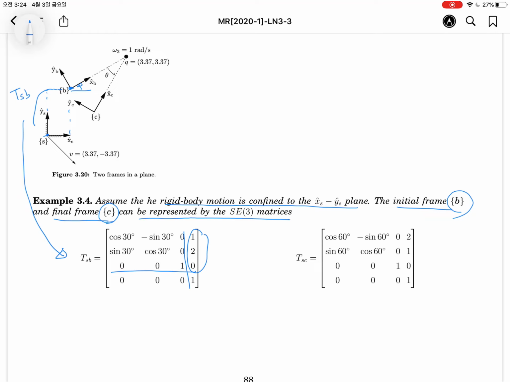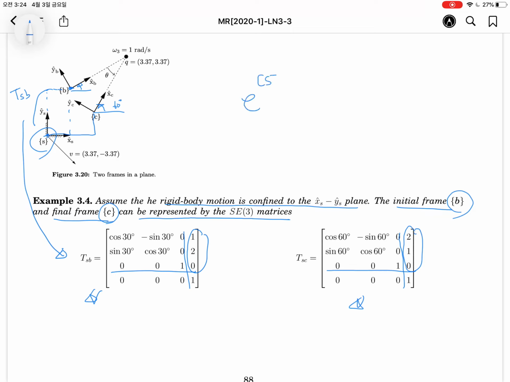Okay, the final description of frame C. Here, maybe the position will be 2 units and 1 unit, so you have 2, 1, 0, and then the rotational angle will be 60 degrees. So you have this rotation matrix. This is the initial, this is the final. All the frames are described using the space frame, the fixed frame.